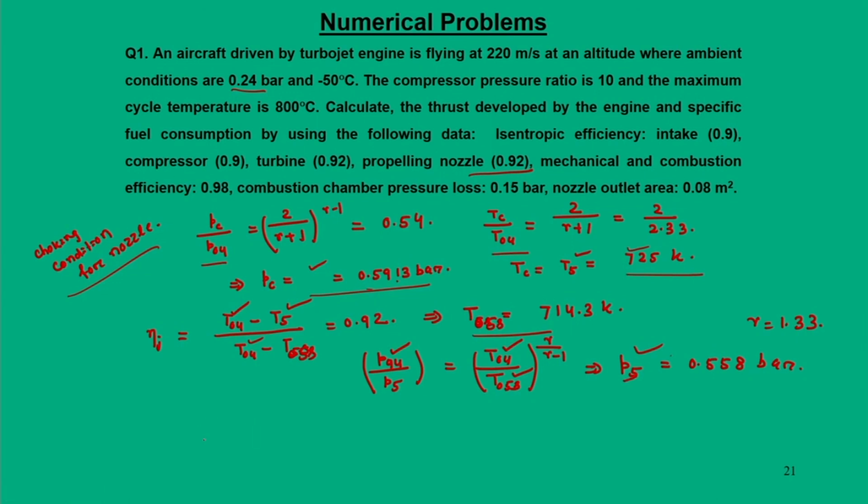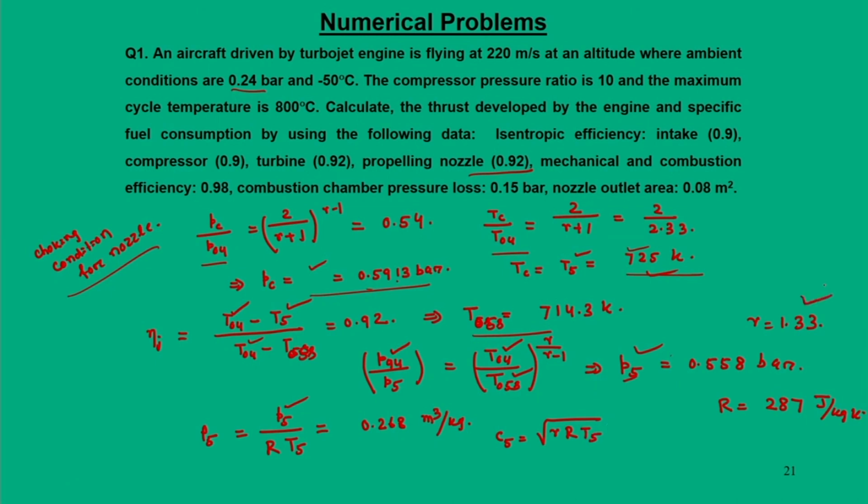Now we can take rho 5 as P5 by R T5, that is density. R for combustible gases is again 287 joule per kg Kelvin. So T5 is known, P5 is known, so this will give you rho 5 as 0.268 kg per meter cube, and C5 is square root of gamma R T5.